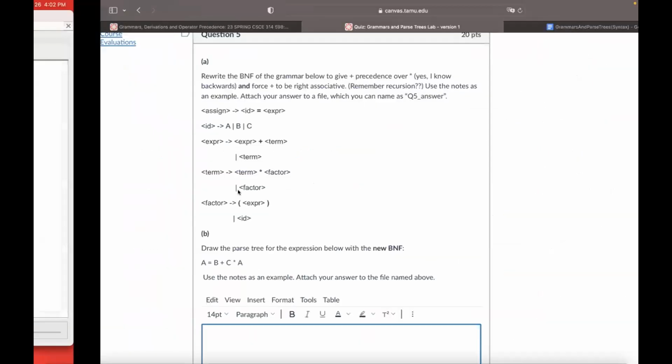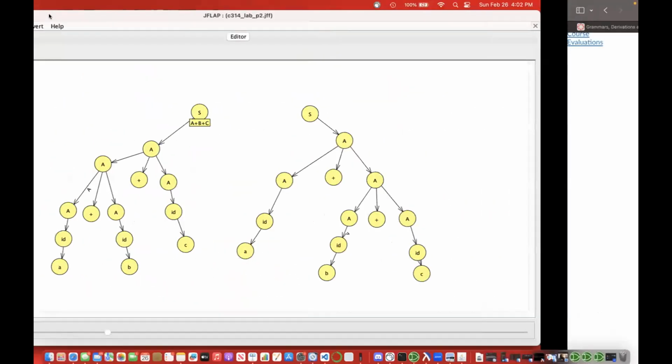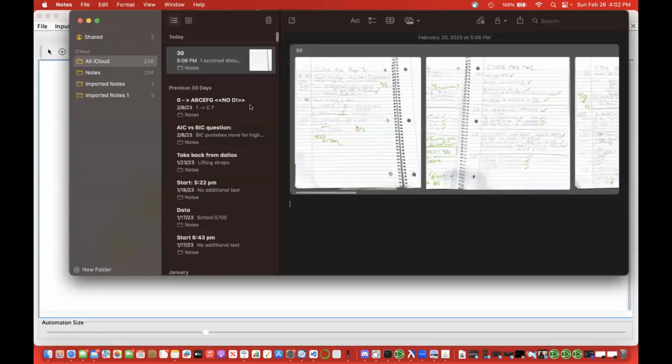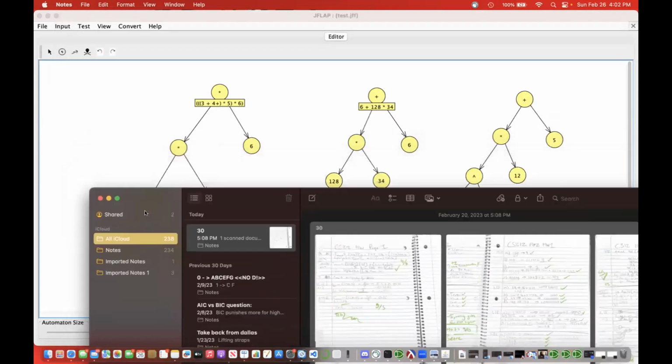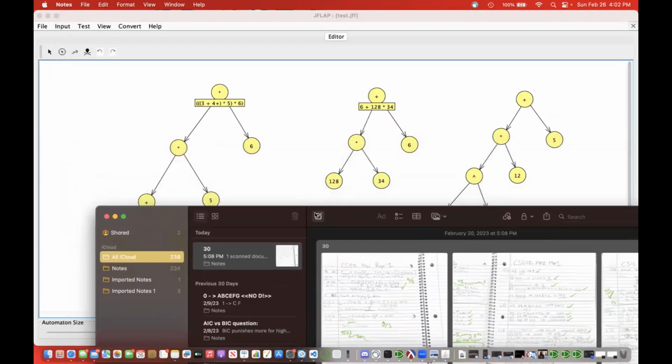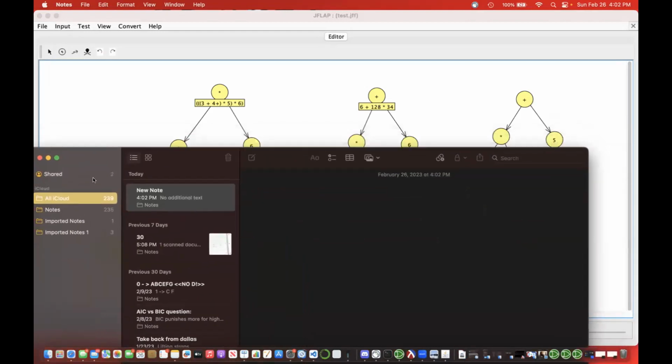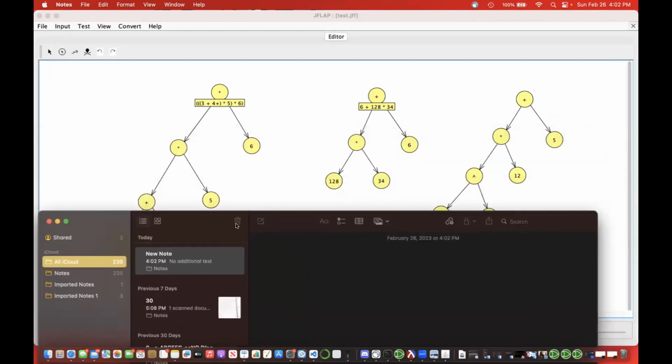Too many tabs. All right. So, oh man, hold on. It's showing my private notes here. Hold on one second.